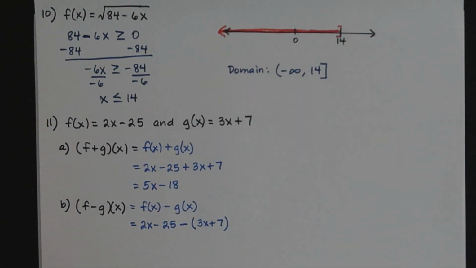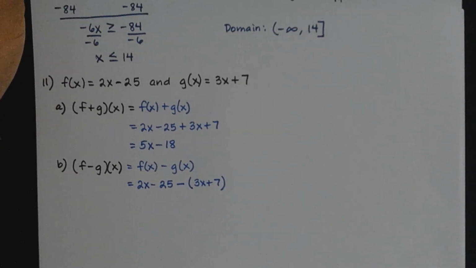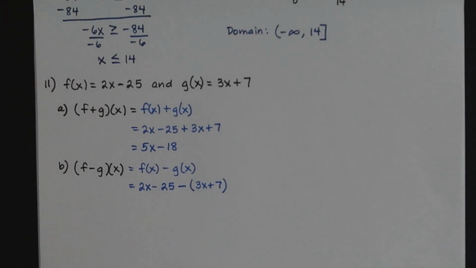Keep in mind, we're subtracting the entire g of x function from what f of x is. And I see many students leave off the parentheses. You're subtracting the entire g of x function from f of x. So that 3x plus 7 has to be in parentheses.